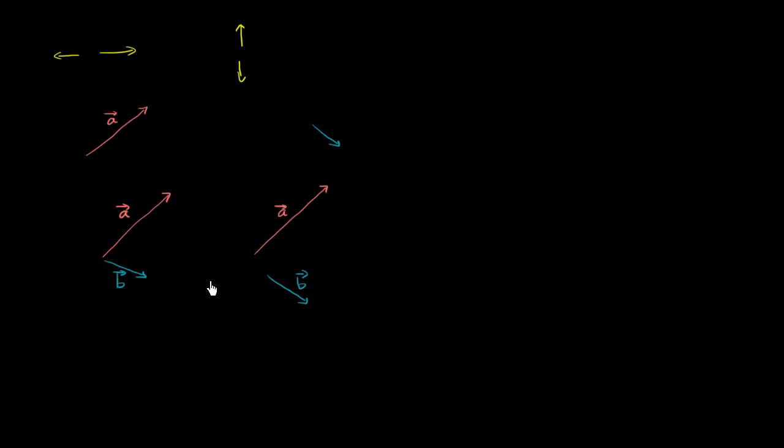And the whole reason I'm doing that is because the way to visually add vectors, if I wanted to add vector A plus vector B, and I'll show you how to do it more analytically in a future video, I can literally draw vector A. So that's vector A right over there.